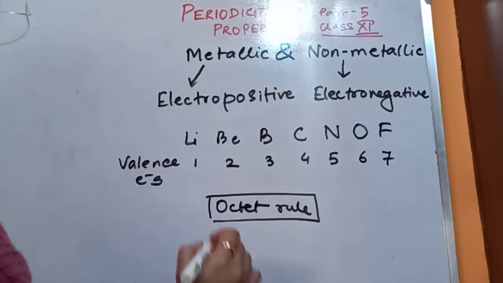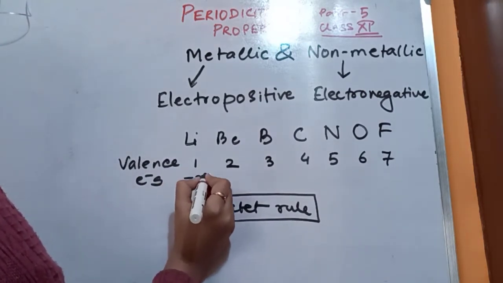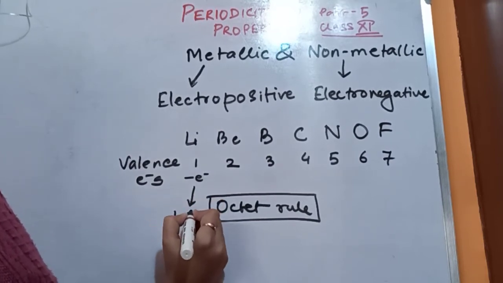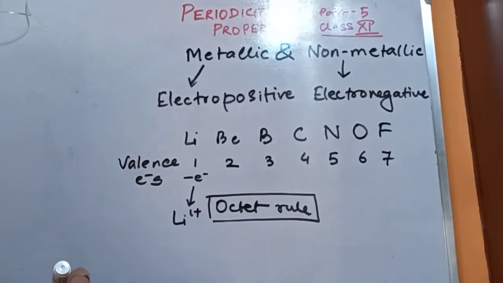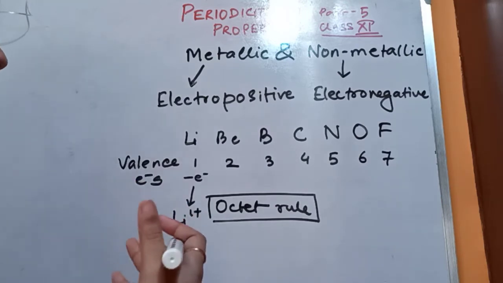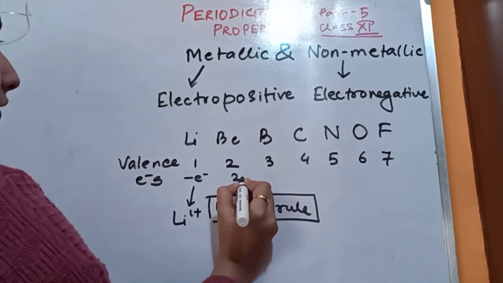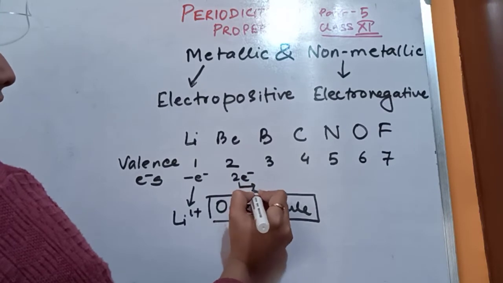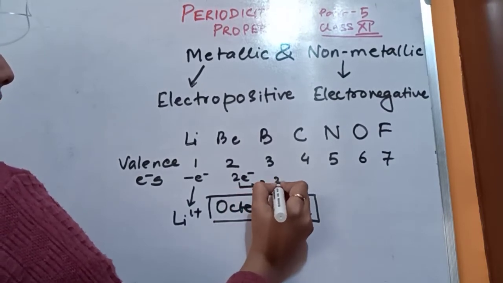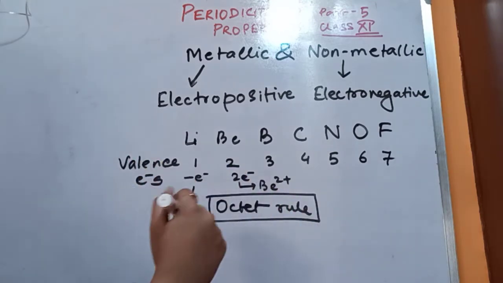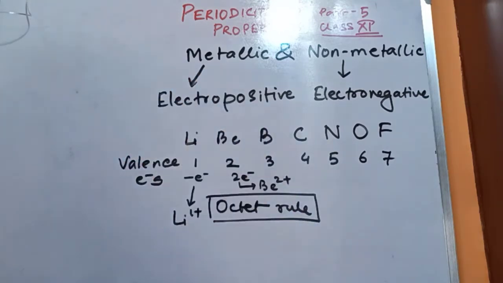So if lithium loses this electron, it will become Li+, and it is very easy for lithium to lose one of its electrons. For beryllium, if it loses 2 electrons, it will become Be2+, and it is very easy for beryllium to remove these 2 electrons.